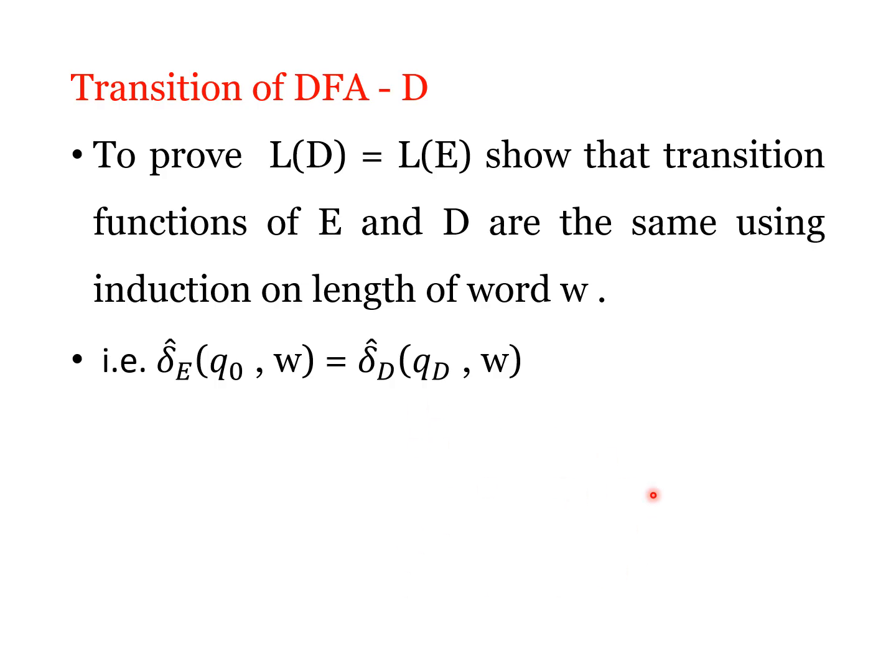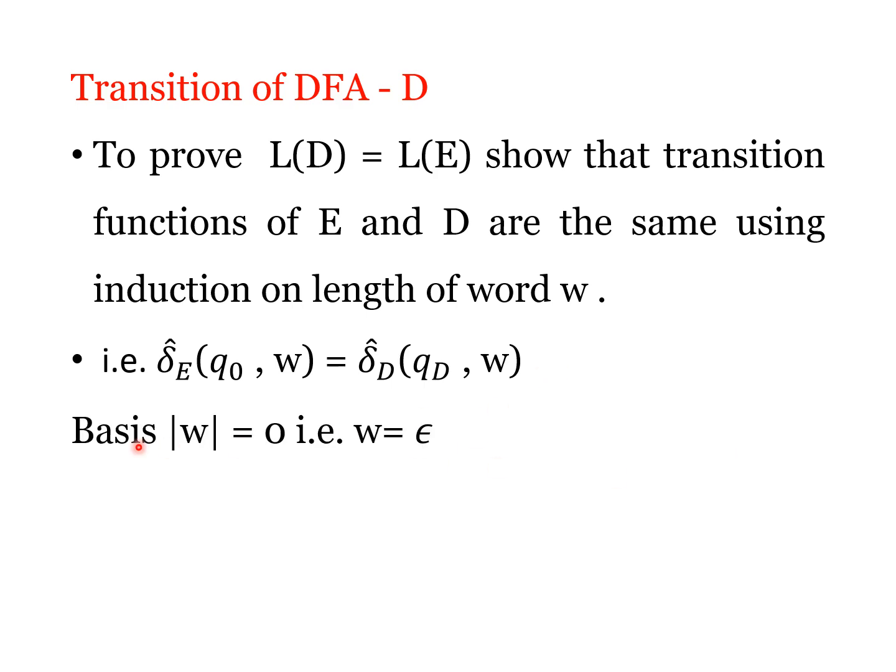We have to reach the same set of states as with the epsilon NFA. If both are the same, then we prove that the DFA generates the same language as the epsilon NFA. So that is what we want to do.